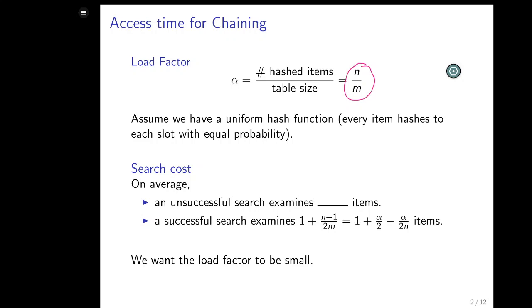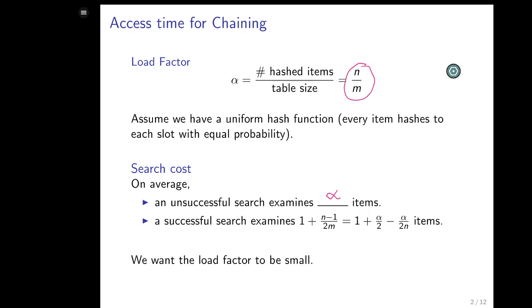And so when we perform an unsuccessful search, the number of items we examine is expected to be alpha, the average number of items in each slot in the table.